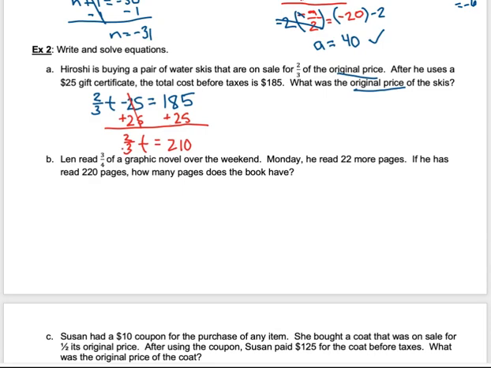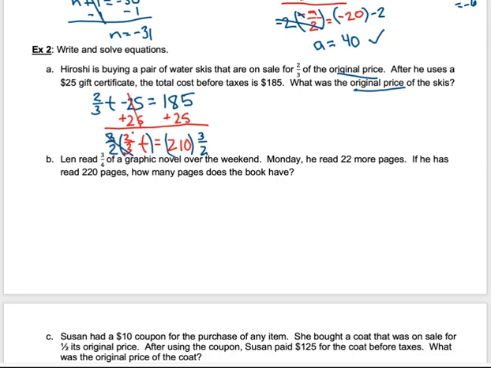So now remember from the one-step equations, I learned that if I have a fraction, I can go ahead and multiply by the reciprocal, which is 3/2, and that's going to give me what I need.